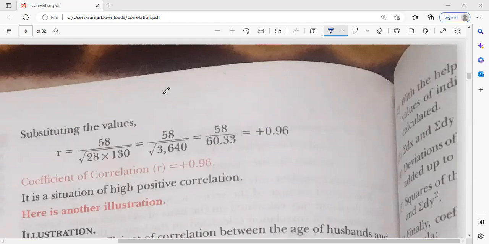Okay, I hope you can complete it and you can just write this answer and let yourself know whether you got the same answer or not. Okay? Yes, ma'am. So this is C. High positive correlation. Right?